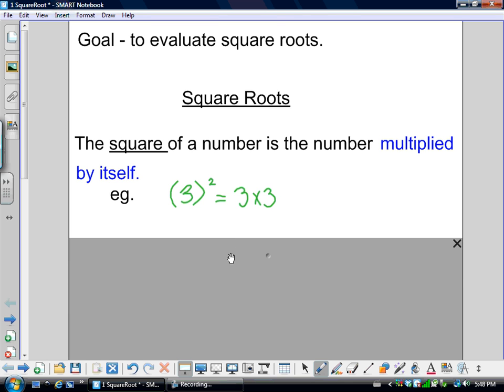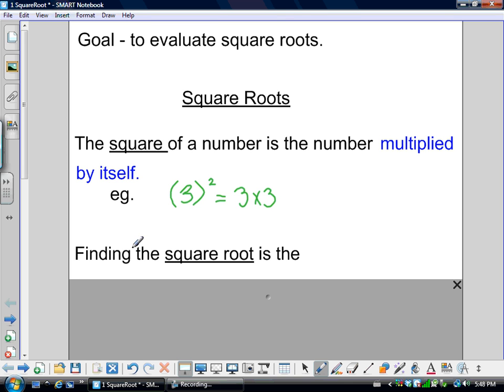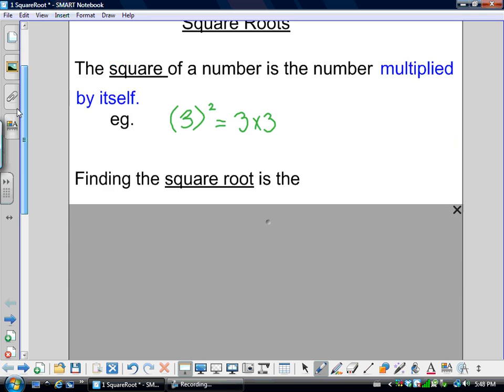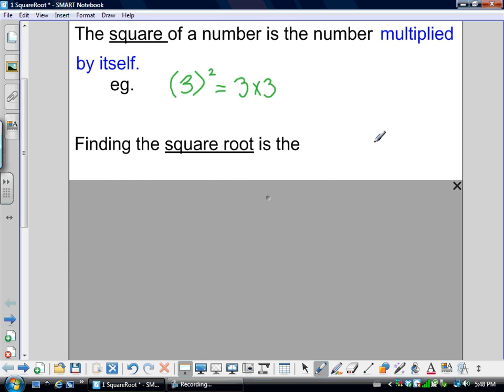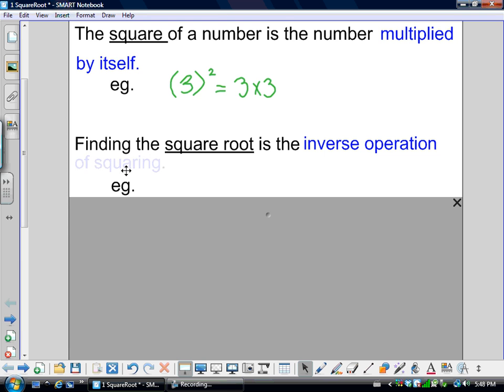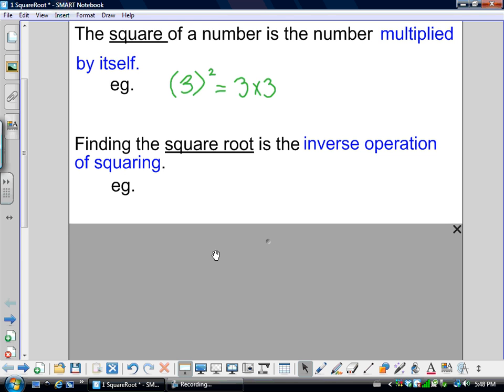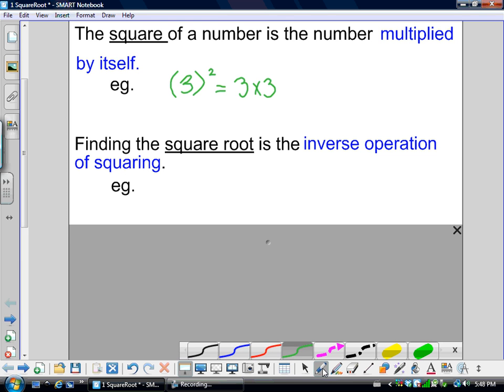On the other hand, if we look at finding the square root, finding the square root is the inverse. It's the inverse operation of squaring. Okay, so it's doing the opposite of what we were doing before.